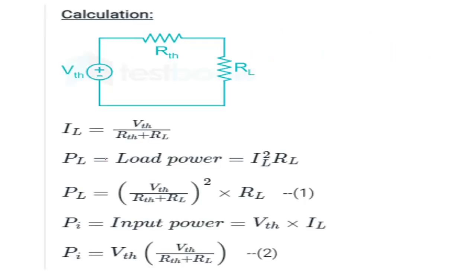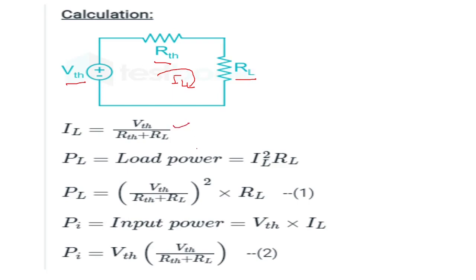Let us consider this circuit where we have the voltage. This is the equivalent voltage, Thevenin's voltage, and we have the equivalent resistance of the circuit, that is Thevenin's resistance, and this is the load resistance. The load current IL which flows through this circuit will be equal to VTH upon RTH plus RL.